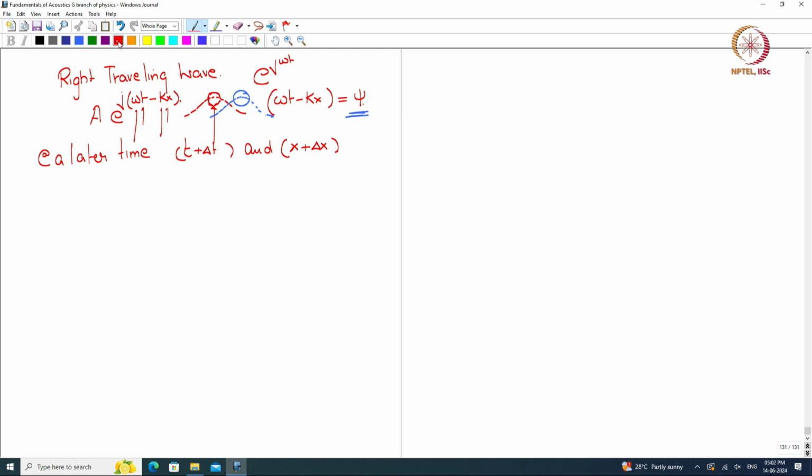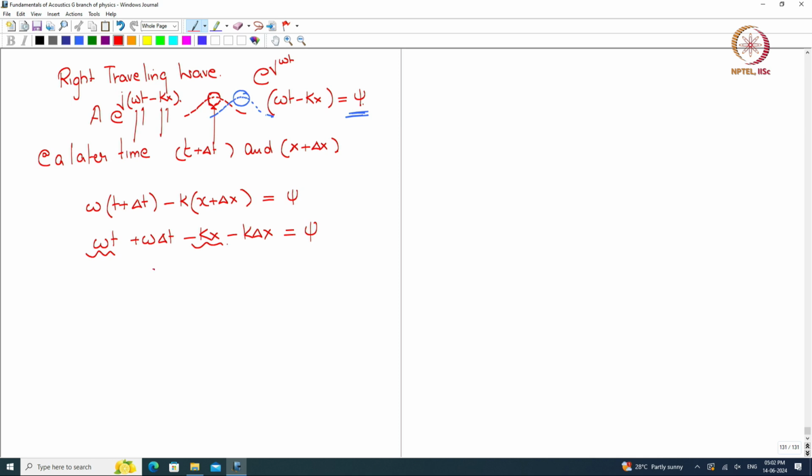So what should I do? I write omega times (t plus delta t) minus k times (x plus delta x) equal to the same value psi. If I open it out, I have omega t plus omega delta t minus kx minus k delta x equal to psi, whereas omega t minus kx is already equal to psi.